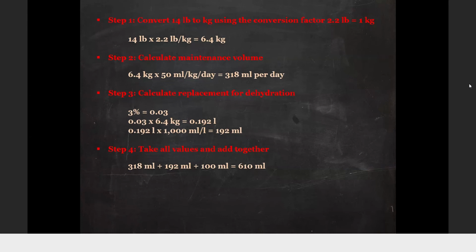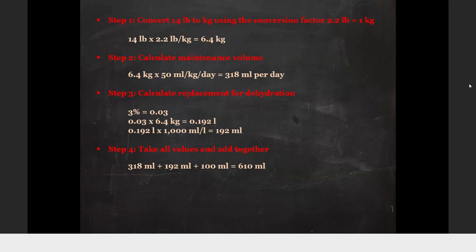Next step is to calculate the replacement for dehydration. You have 3%, which equals 0.03. If it's 30%, it's 0.3, but normally 30% is considered dead already. You don't have a 30% dehydrated cat, or cow, or dog. So it equals 0.192 liter, or around 192 mils.